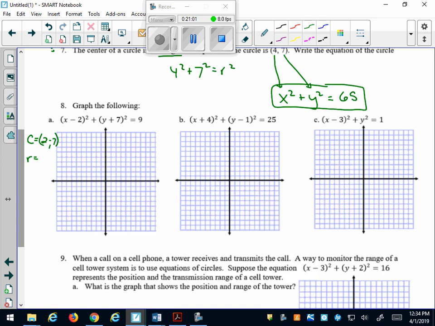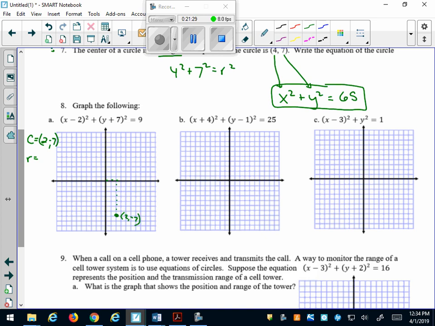Now, don't forget how to graph a point. Where do we start when we graph a point? At the origin. And then do we go left or right first, or up or down first? Left or right. This is a positive 2, so I'm going to go to the right 2. And then -7 means I go down 7. And we put a point at 2, -7.